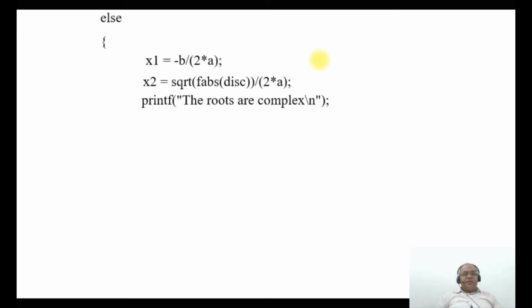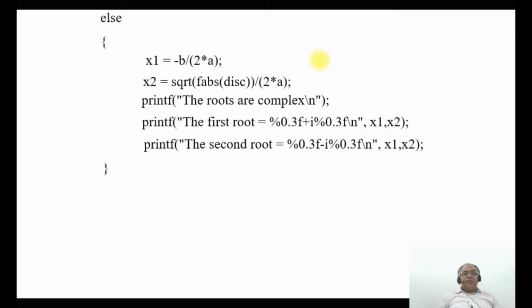Printf the roots are complex, wherein the first root is %0.3f plus i %0.3f backslash n, and x1 and x2, and printf the second root is %0.3f minus i %0.3f backslash n, x1 and x2. So basically what we are trying to do is a plus ib, where a is the real part and i is the imaginary part, which is the complex root. Then we are going to have the getch function.